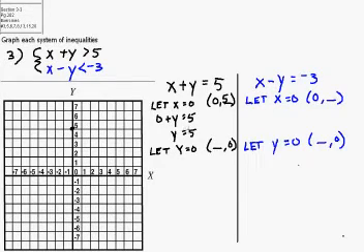Okay? Now we're going to let y be 0. So now we go x plus 0 equals 5. So x is equal to 5. So now we've got 5, 0, which is right here.